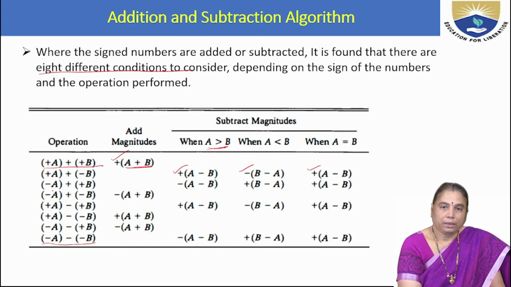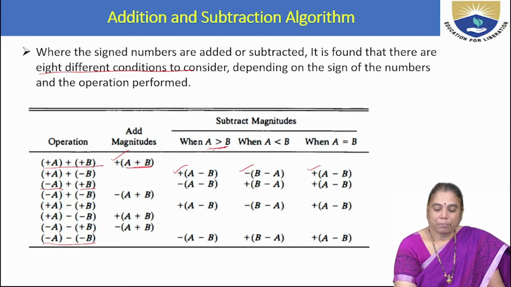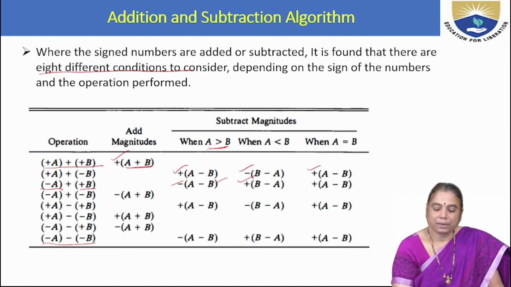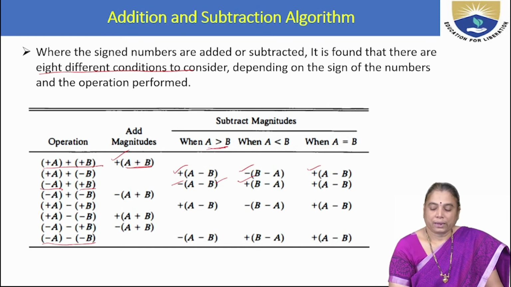If A is negative and B is positive, then compare: if A is greater than B, the A minus B operation is performed and the result has the minus sign. If A is less than B, B minus A is performed and the result contains the positive sign.